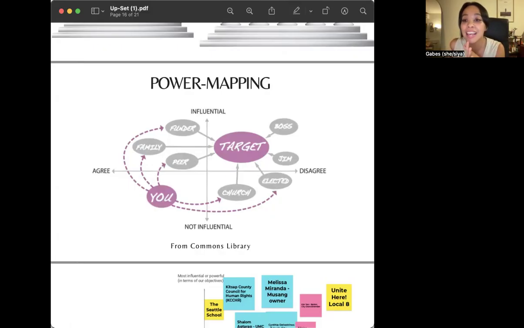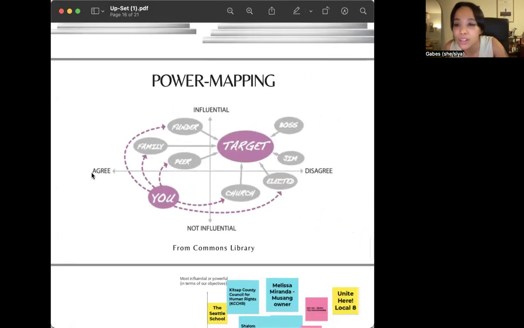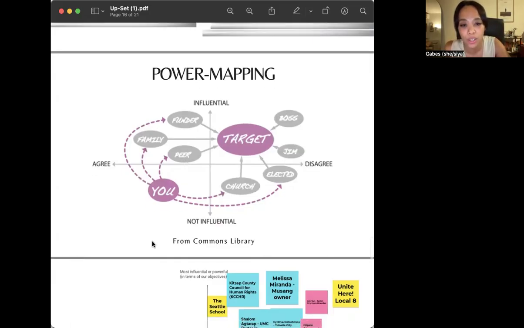The hope is to get them closer to the agree section over here, even if it's just 1 degree closer to agreeing to your campaign goal. Again, power in numbers, right? We don't abandon them. We don't incessantly argue with them. The hope is to get them closer to allyship as opposed to opposition. And I'm excited for y'all to watch the training video on Spectrum of Allies. It's such an important one.